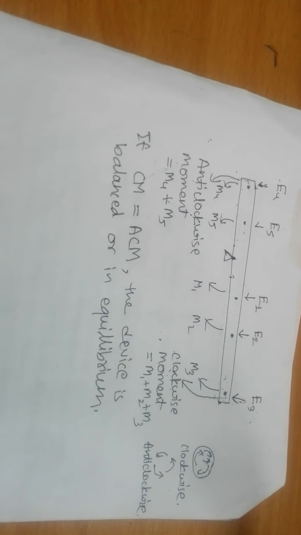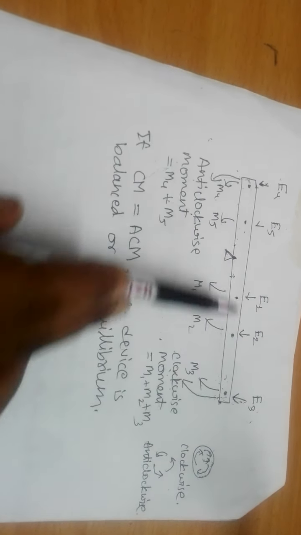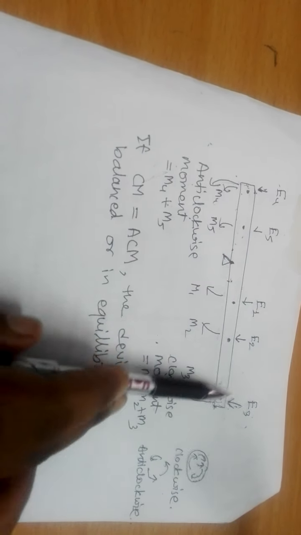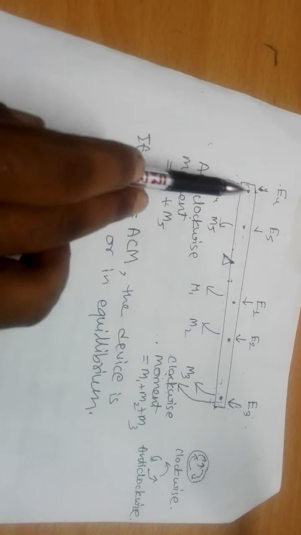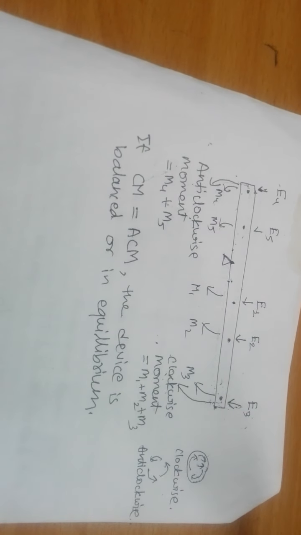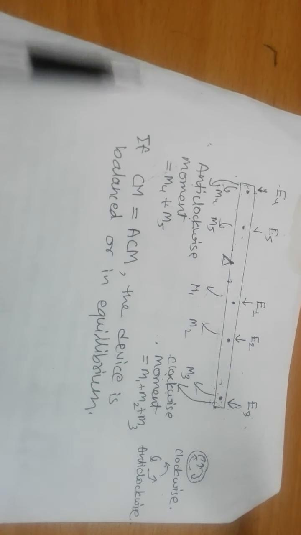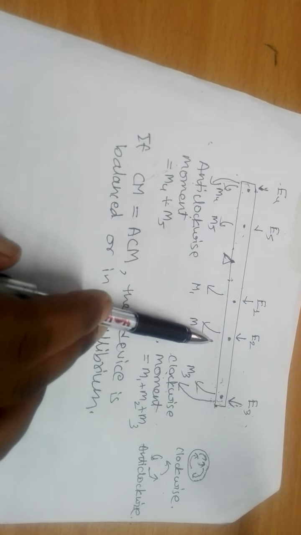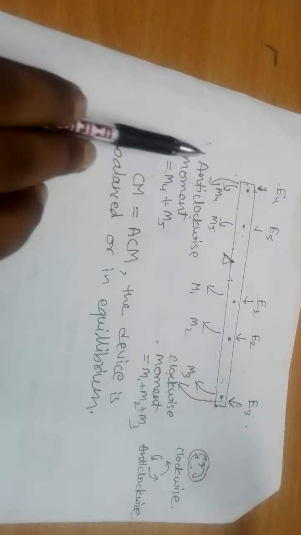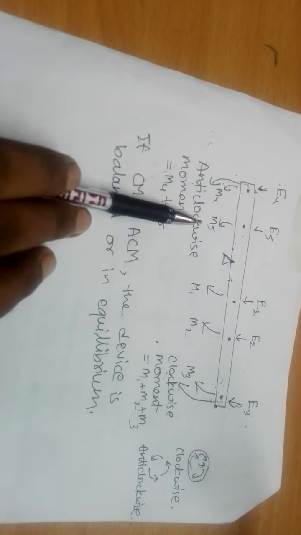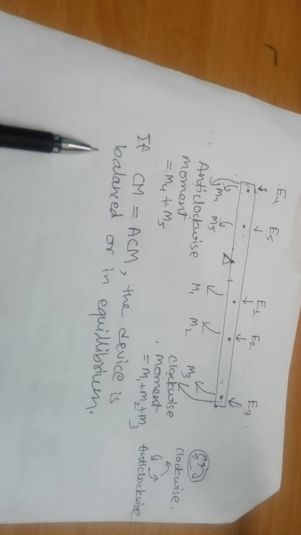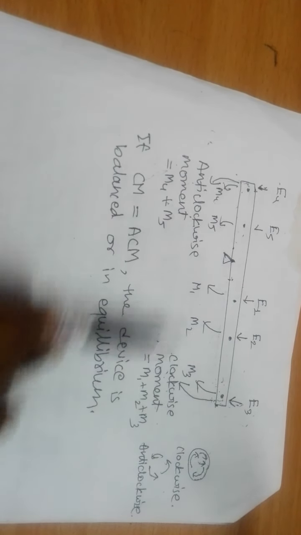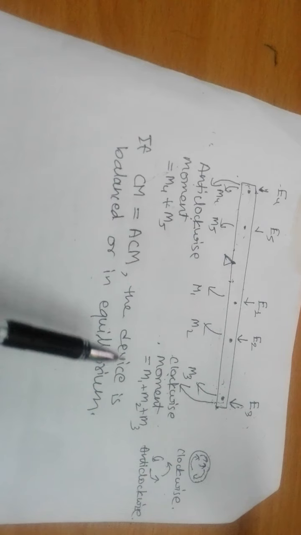In any device, by applying force at multiple points, at some points the forces produce clockwise moment and at some points the forces produce anti-clockwise moment. Now if the total clockwise moment produced on the device is equal to the total anti-clockwise moment, then the device is balanced or in equilibrium. If they are not equal, then the device is not in equilibrium.